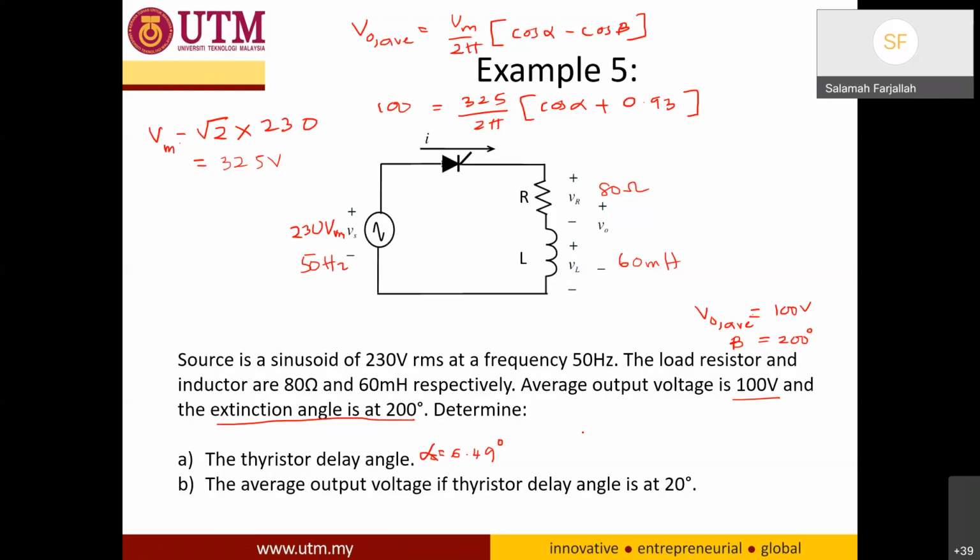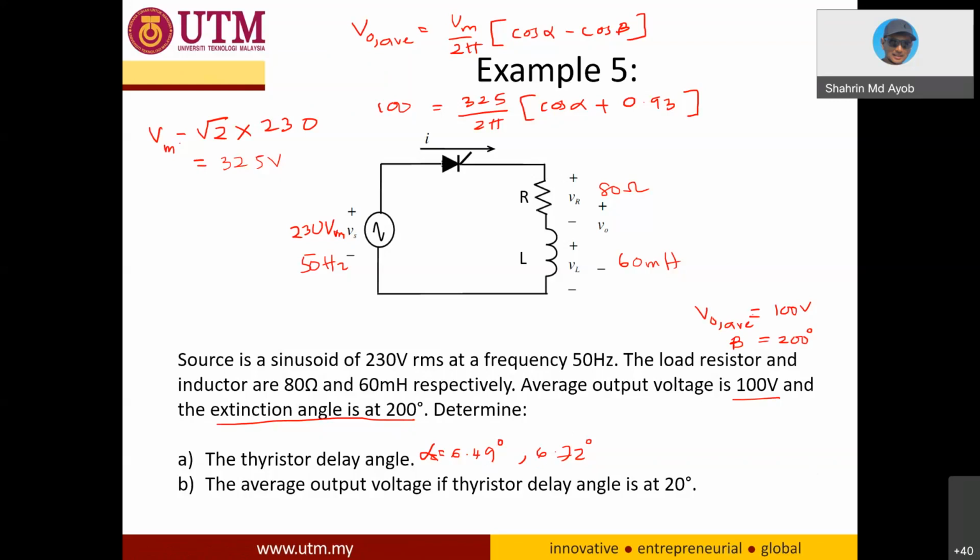Okay, I think it's okay because the cos beta is a very small decimal. So if this range, 6.49 to 6.72, is acceptable, because the difference is very small. Okay, yes, I think it's acceptable.